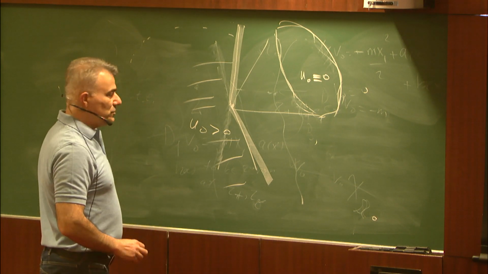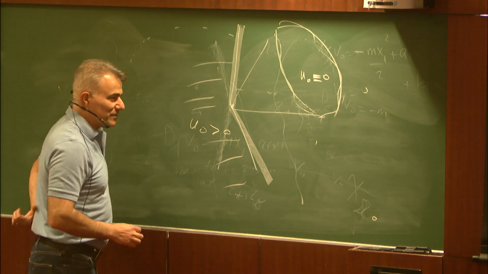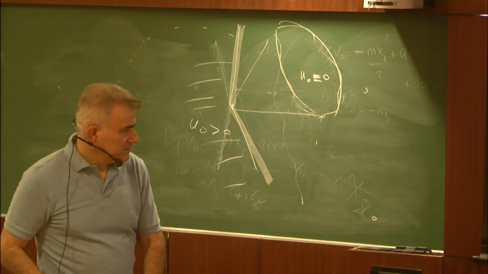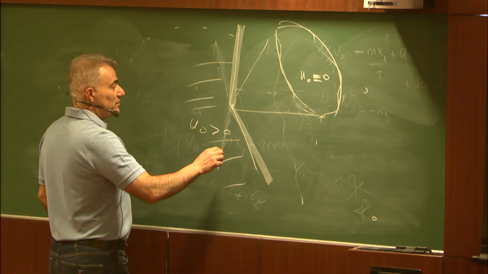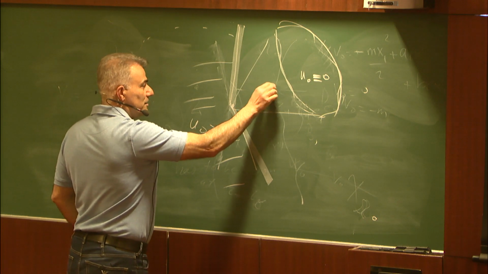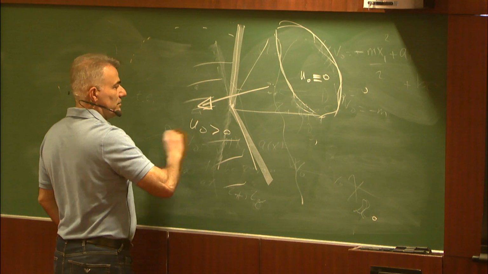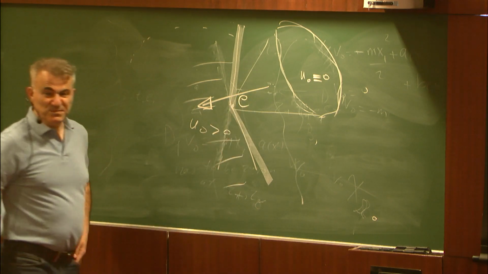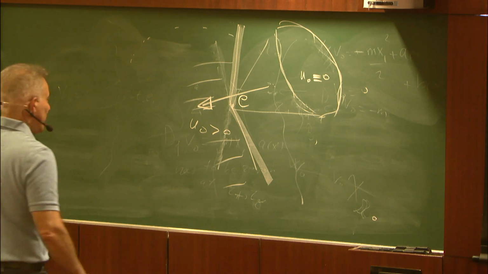Now, what I want to do, well, it's sort of explained there, but I don't think that's enough explanation. So what you do, you take a direction. You take any point here and take the direction here like this. Take this direction, call it E. You know that the following happens actually.